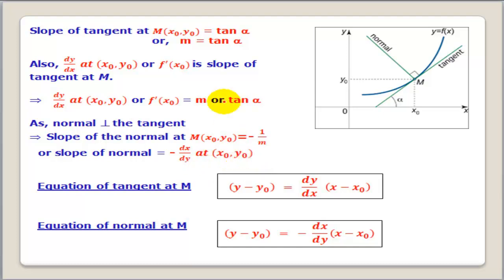Now when we know the slope of the tangent as well as slope of the normal and a point where they are being made, it is possible for us to write their equations. So equation of line you all have learnt in straight lines in class 11th. Equation of line is written as y minus y1 is equal to slope of the line multiplied with x minus x1, where x1 and y1 are denoting the point on that particular line.